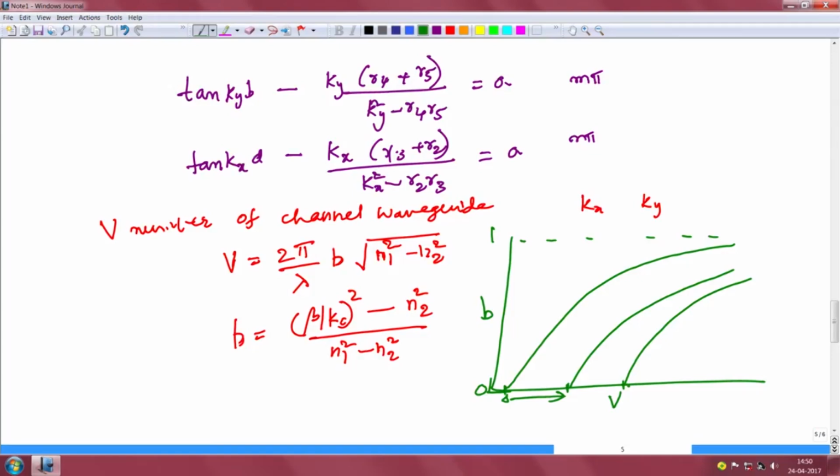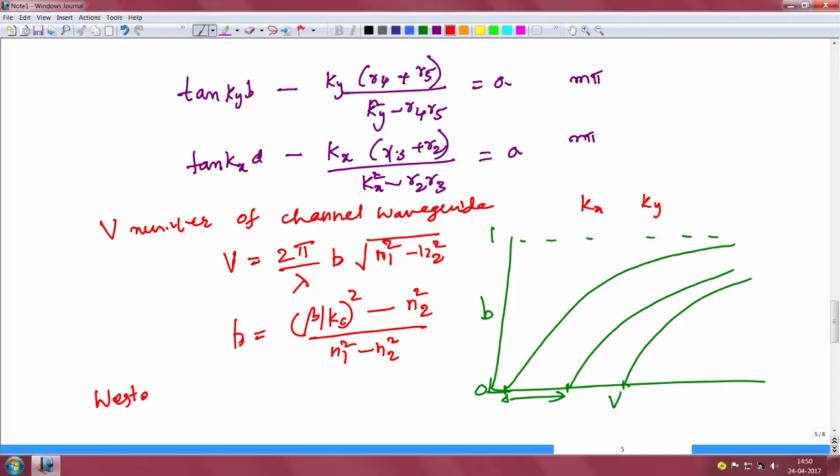So, more details of these mathematical expressions of this channel waveguide can be found in the textbooks, and also there are several papers. One of them I am just quoting here.